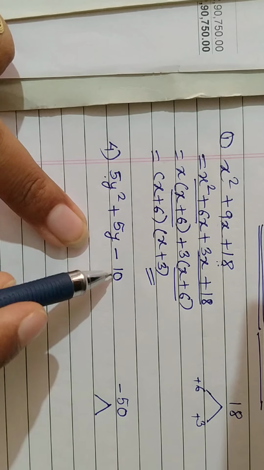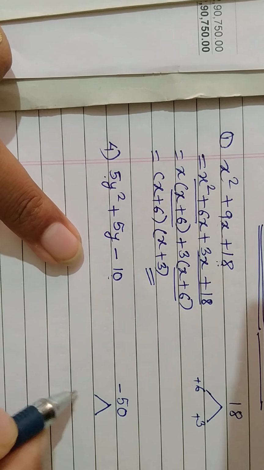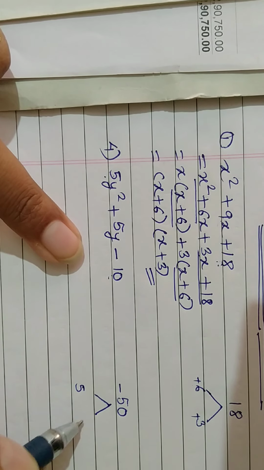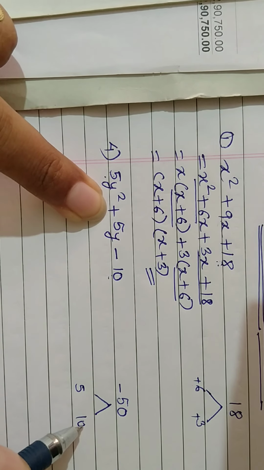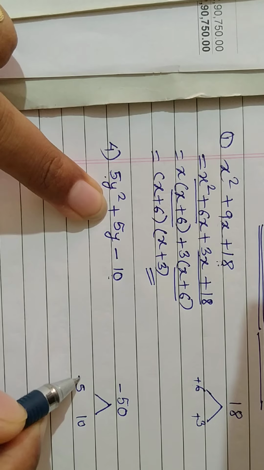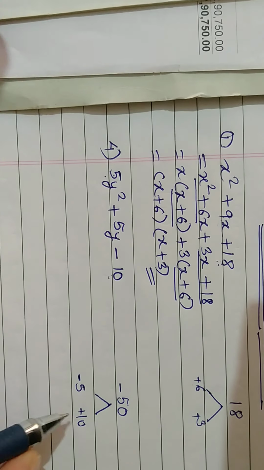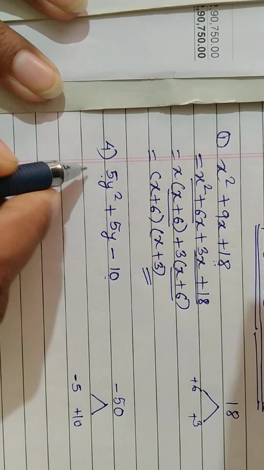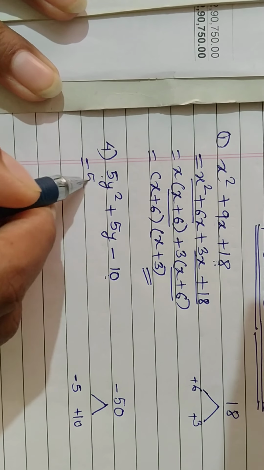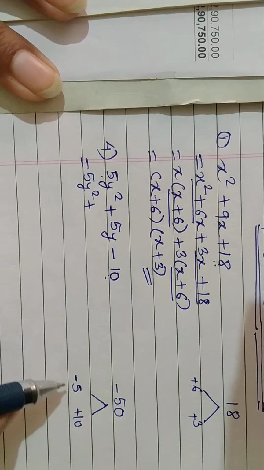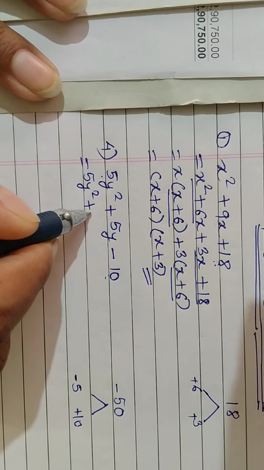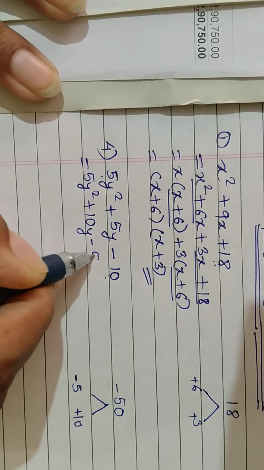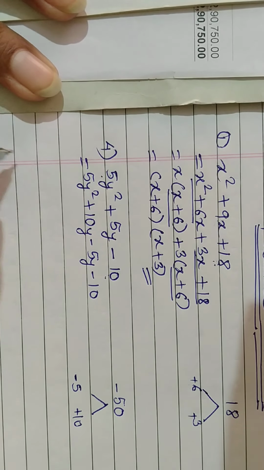So 5 tens are 50, so 5 and 10. We want plus 5 here, so minus here and plus here. Now next step, 5y square plus 10y minus 5y minus 10.